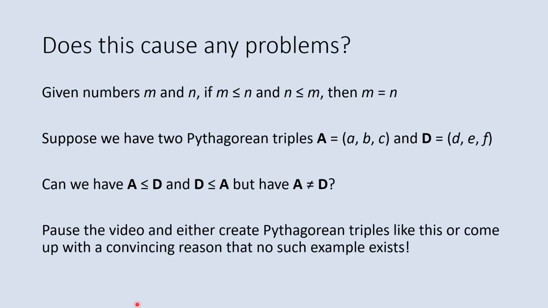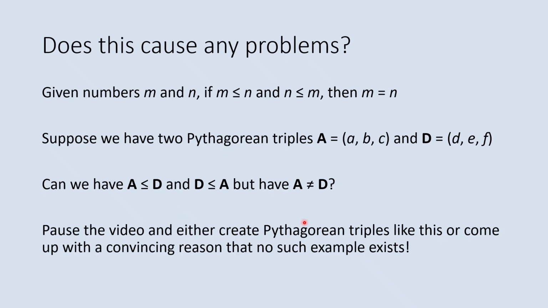So the idea here is we want to think about how we could have A being less than or equal to D and D being less than or equal to A, but then have these two values not being the same. So what I want you to do is to pause this video and then either create two triples where the first one is less than or equal to the second one and the second one is less than or equal to the first one, but the two are not the same, using our definition that we are trying to mimic the way numbers work.